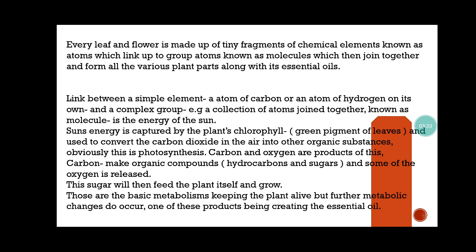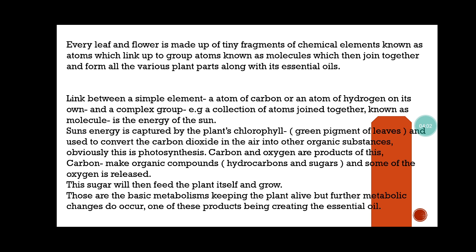It's very basic photosynthesis, obviously. Carbon and oxygen are products of it. Carbon is then used to make organic compounds, hydrocarbon and sugars, and that's when some more oxygen is released. The sugars, obviously, they feed the plant itself.